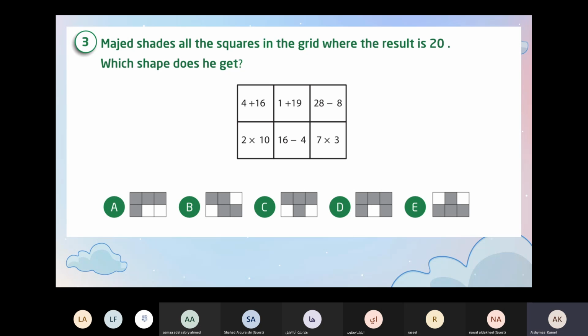Who will read this one and tell me what he wants here? Asma? Yes, teacher, but my name is not Asma. My name is Jana.